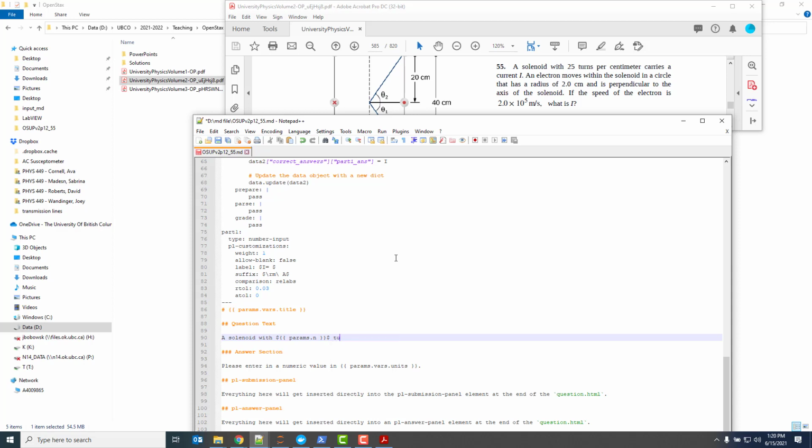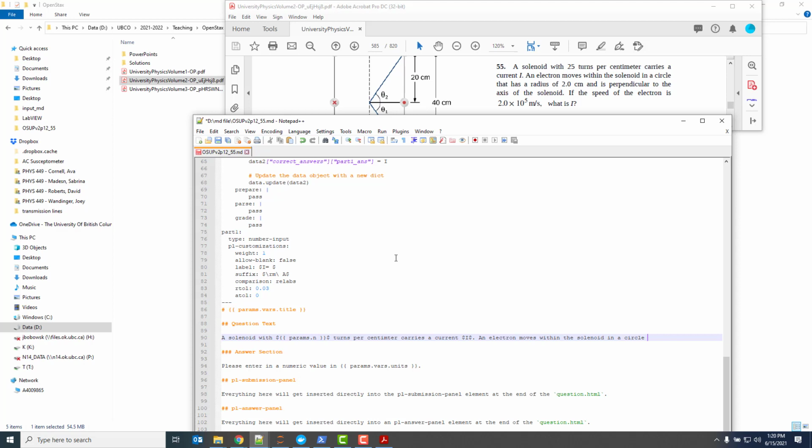And so we'll say turns per centimeter carries a current, and I formatted that in LaTeX notation. And then we say an electron moves within the solenoid in a circle that has a radius of 2 centimeters.